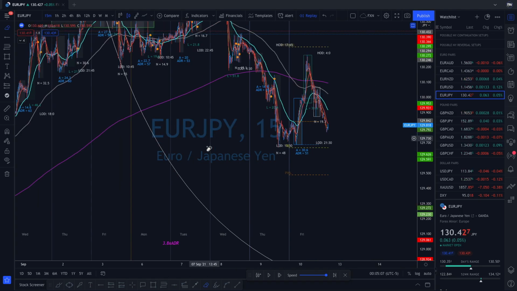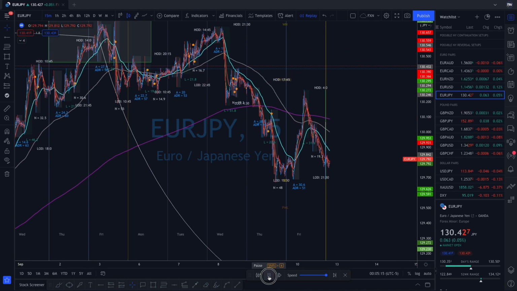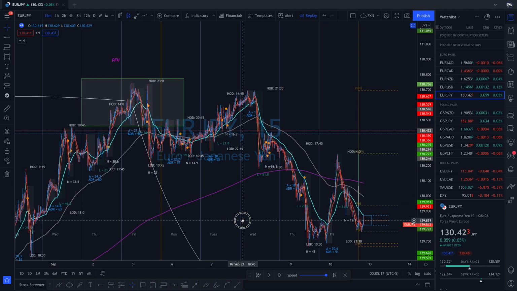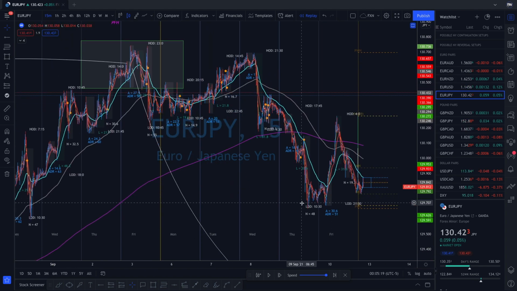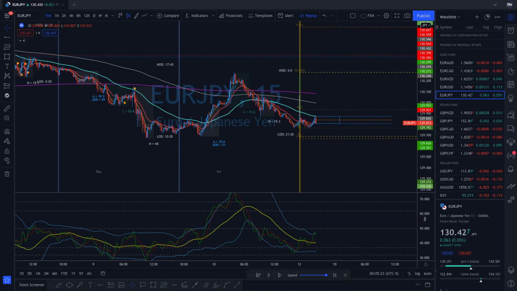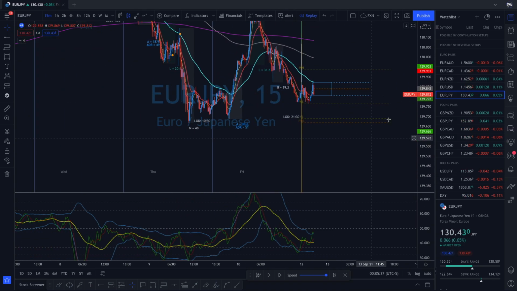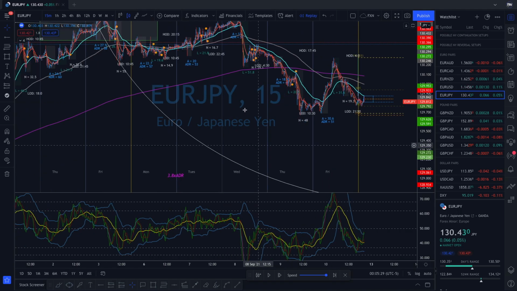All right, let's see what we can get here on this week. Obviously we're coming off a peak formation high, so we're looking for sells. Let's see how far.